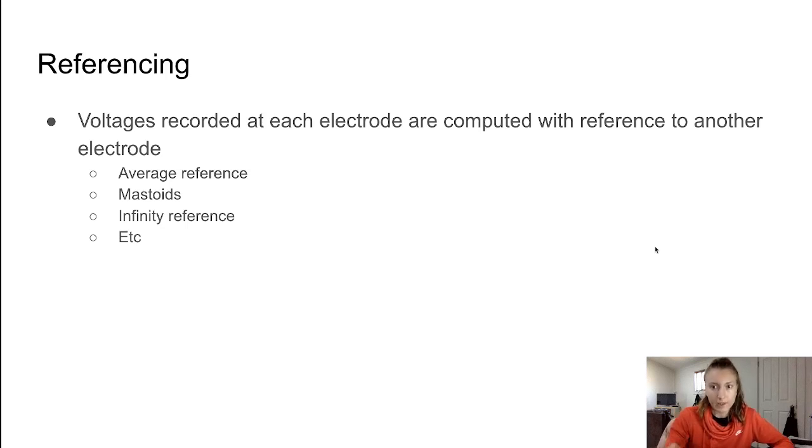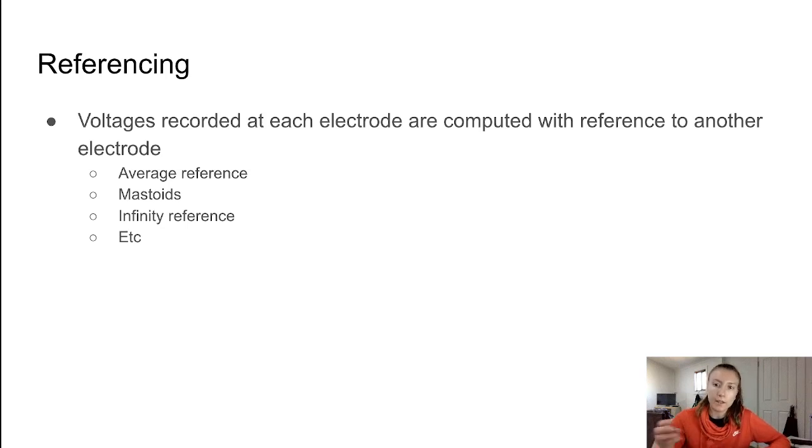However, slight caveat, now this will be discussed in more depth in future sessions, but I'll just prime it now. When we're measuring EEG, we're not measuring the underlying cortex necessarily. The voltage that's recorded at each electrode is computed with a reference to something else. Now, there are lots of different referencing systems that you might engage in. One that we commonly use is the average reference.